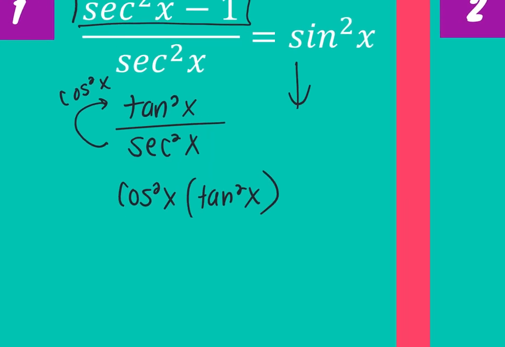Yeah, so if I wanted to, I could make secant 1 over cosine in the bottom, and then I could go through the keep, change, flip process. But the shortcut is, if you are moving a trig function from the top to the bottom or the bottom to top, it becomes its reciprocal. So if I had moved tangent from the top to the bottom, it becomes cotangent squared. Secant moved from the bottom to the top becomes cosine squared.